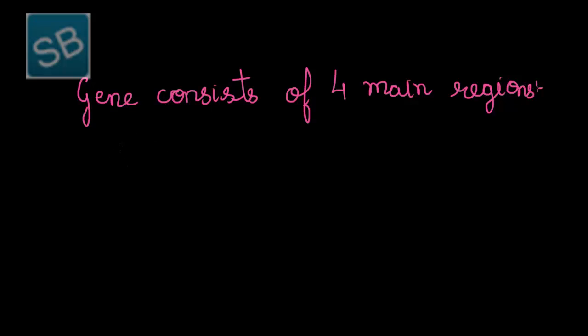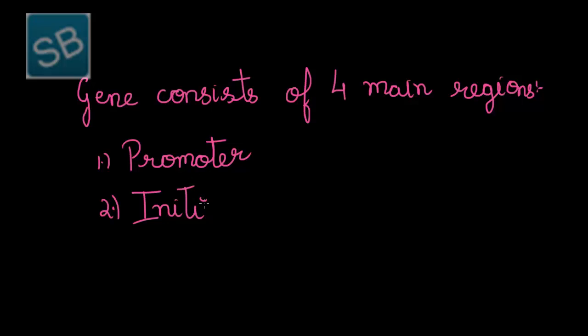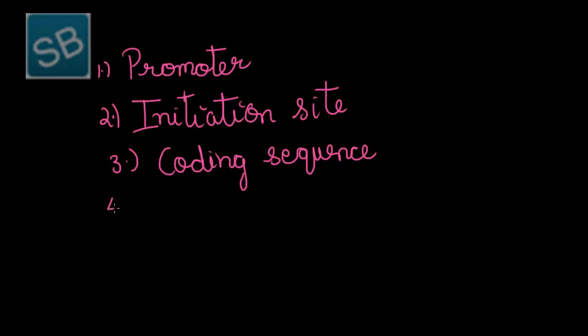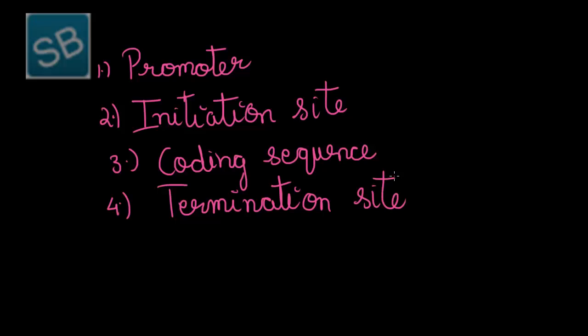These regions are named: first, promoter; second, initiation site; third, coding sequence; and fourth, termination site. Thus, these four regions together constitute a gene.